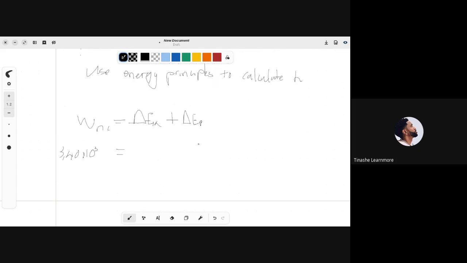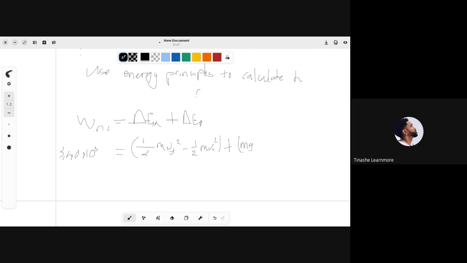Then for the kinetic energy and the whole thing, I'm just going to expand this formula. So I've got the whole delta: half m v f squared minus a half m v i squared, that's delta EK, plus delta EP, which is going to be mg.